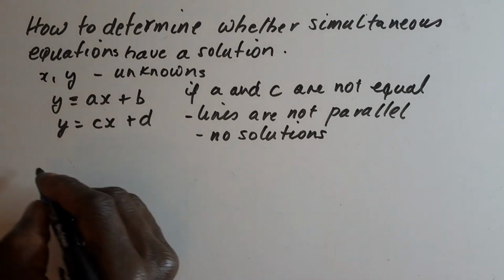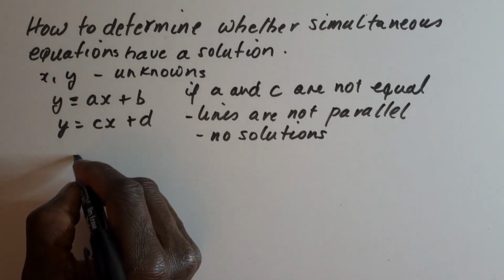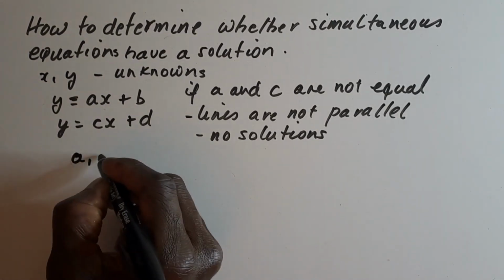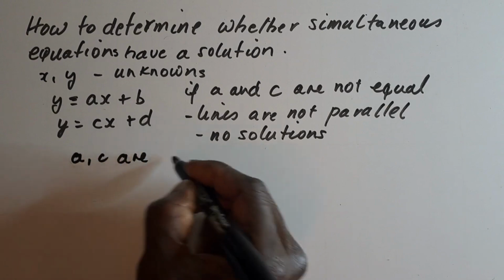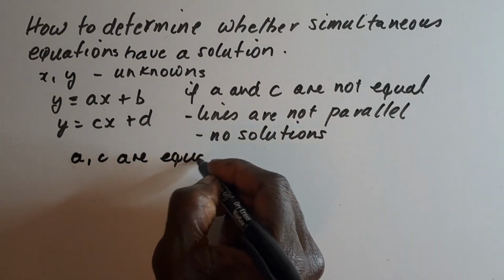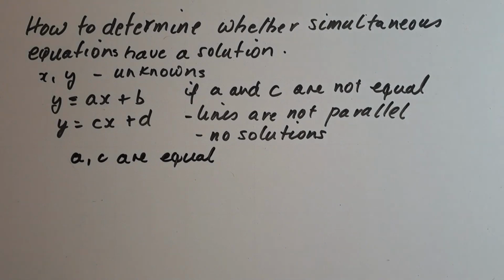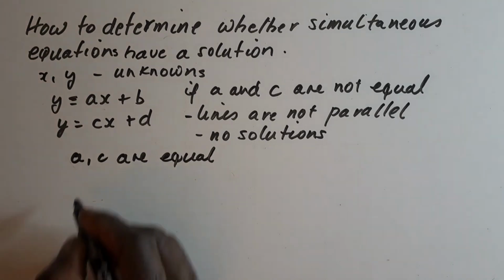Now, if constants a and c are equal, then the lines representing the equations are parallel.